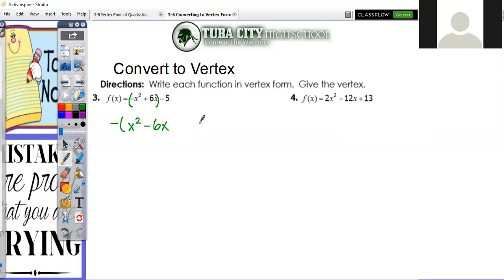All right, so I'm going to leave some space in here because we're going to have to put a new number in there, a new C value, and then put that 5 back right there. So let's do the same thing with this negative 6. Take it, half it, and then square it. So negative 3 times negative 3 will be positive 9. That means I need to drop in a 9 here and here.